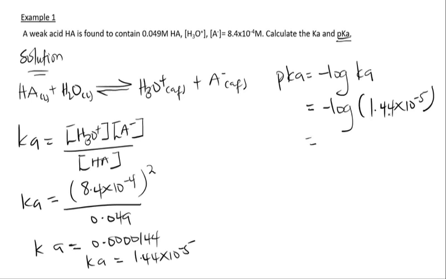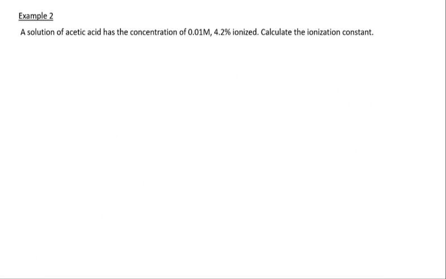So negative log 1.44 times 10 raised to the power minus 5 is equal to 4.84. So the Ka of this acid HA is 1.44 times 10 raised to the power minus 5, and then the pKa of this acid is 4.84. Let's have a look at another example.